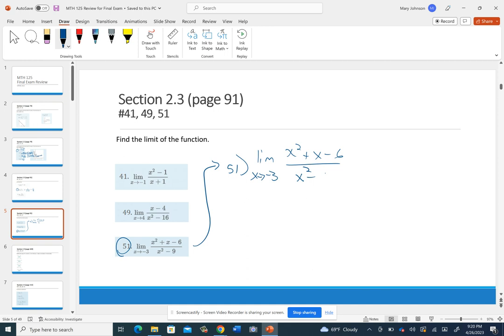All right, watch what happens though. When I plug in a -3, do you see how down here that -3, when it's squared, would be 9? So I'd get a 0 in the denominator. All right, so that means direct substitution isn't the way to do this one. That's not going to work. Okay, so I'm not going to do that.